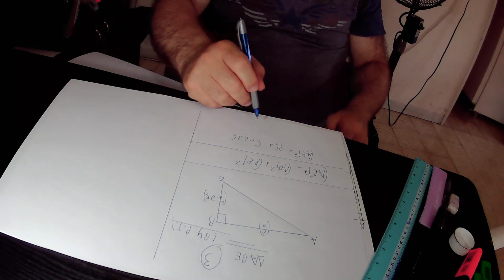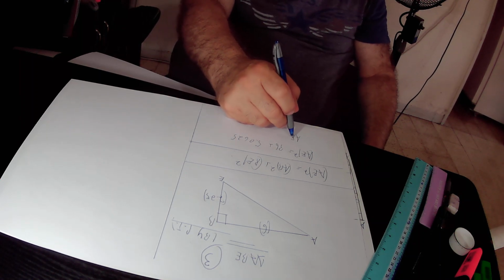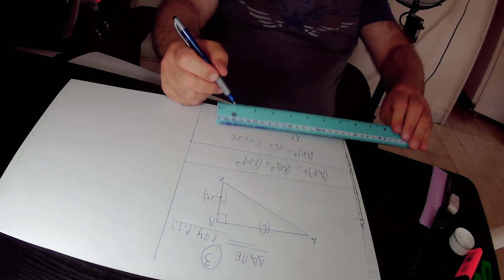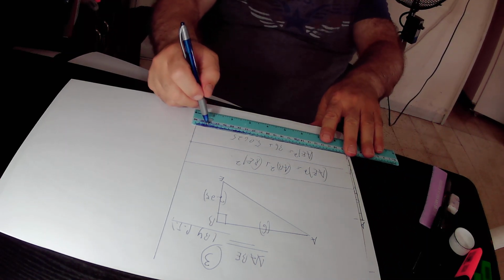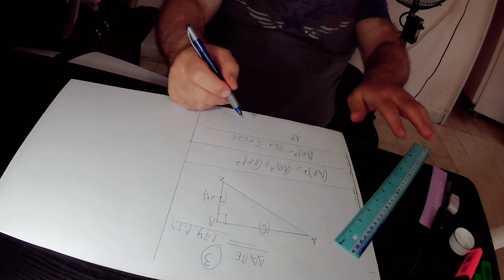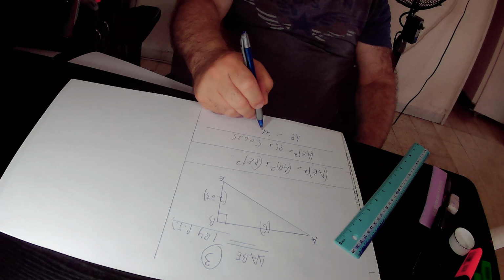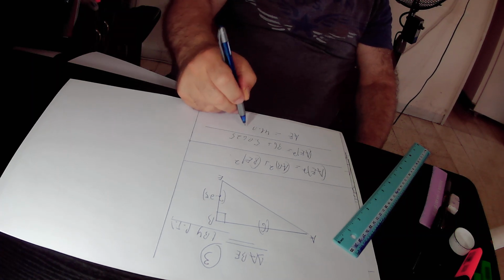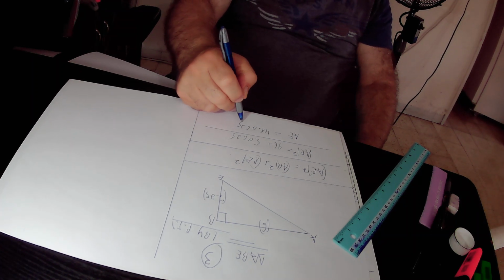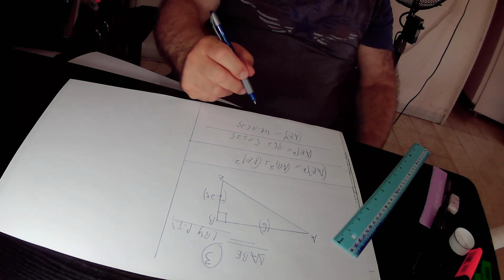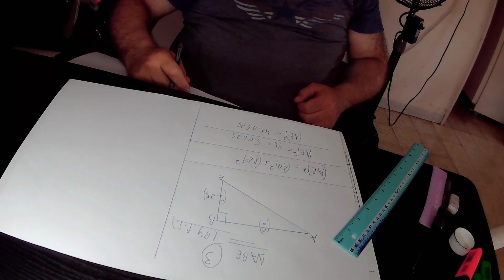So in total, AE squared equals 36 plus 5.0625, which equals 41.0625. So in conclusion, we found out that AE squared equals 41.0625.